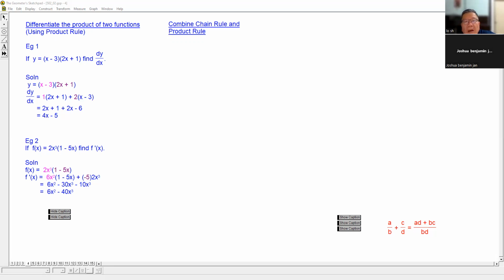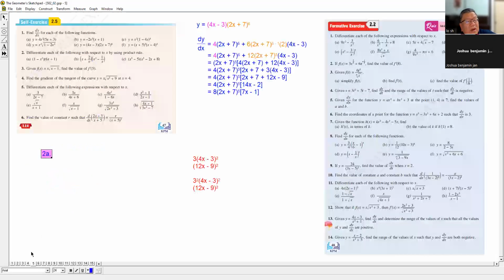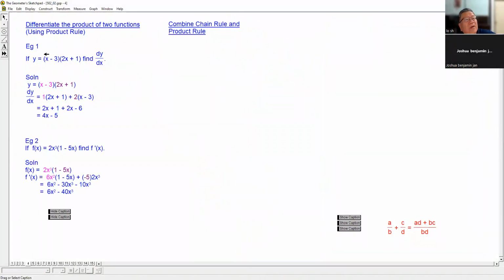I don't really understand why times 1 and times 2. Which one? The first example. First example, this one. There are two terms here, two brackets, the pink color and the brown color.